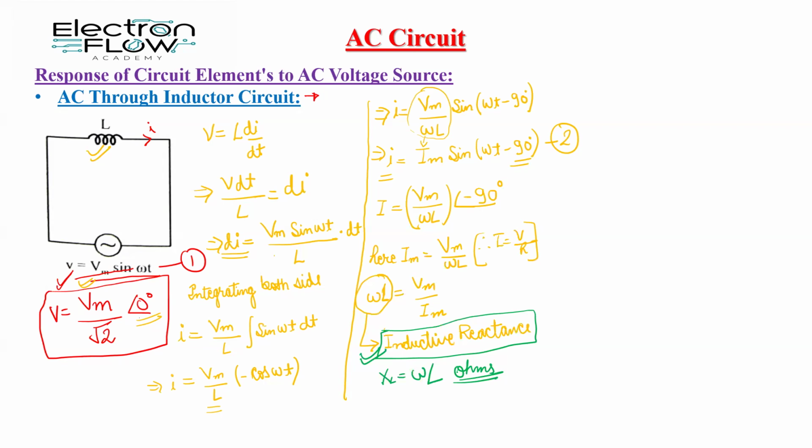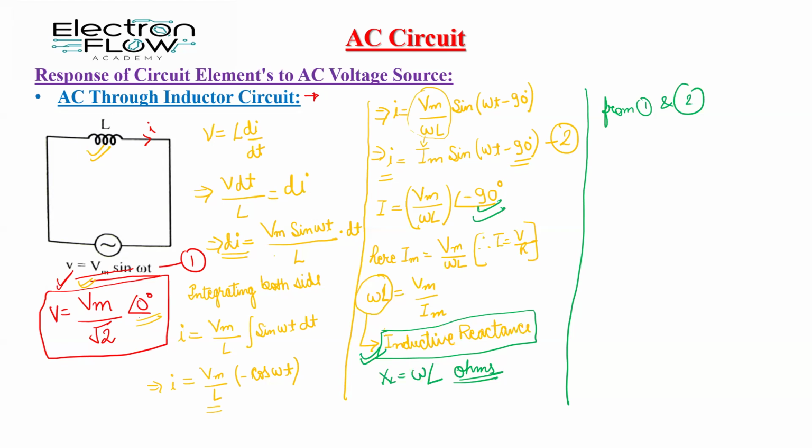Next, from equations 1 and 2, it is clear that the pure inductance current phasor lags the applied voltage wave by 90 degree.